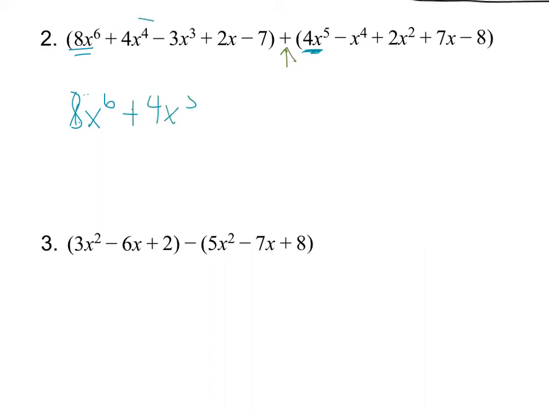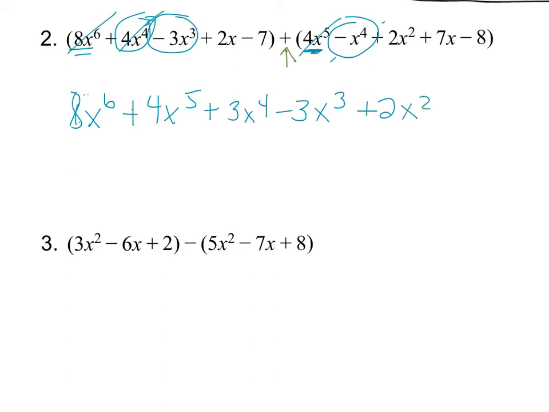For the 4th power, I see 2 terms that have x to the 4th, one there and one there. So 4x to the 4th and negative x to the 4th will be positive 3x to the 4th. So those are done. We've done these. So there's only 1 to the 3rd power, so I'll just bring that down. And likewise, only 1 second degree power, so I'll bring that down.